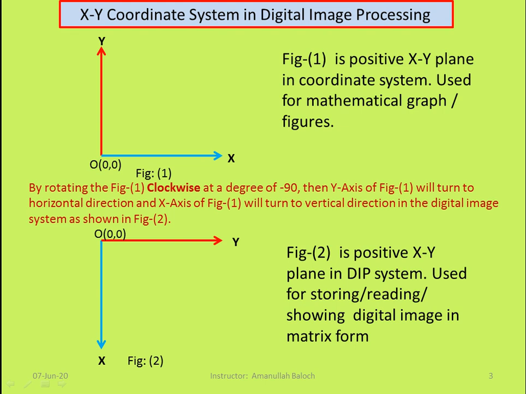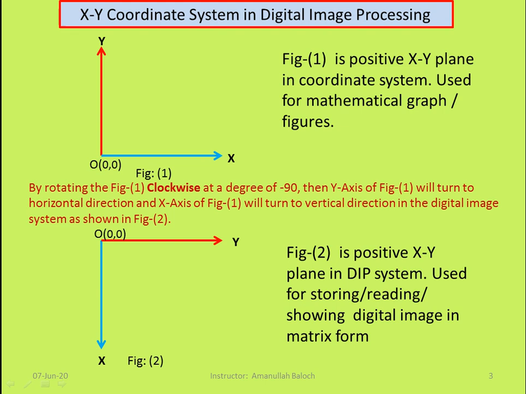Actually, here the y-axis is in the horizontal direction, and the x-axis of figure 1 will turn to the vertical direction in the digital image processing system.